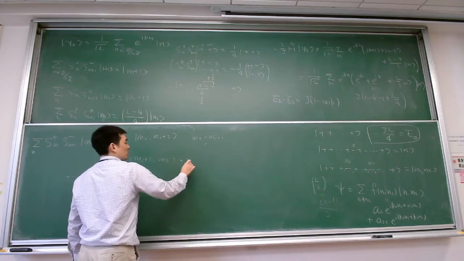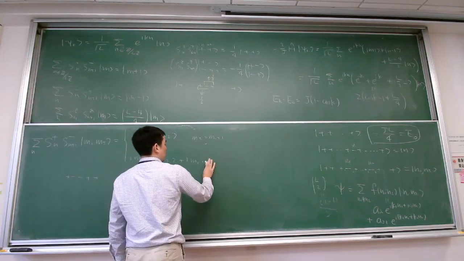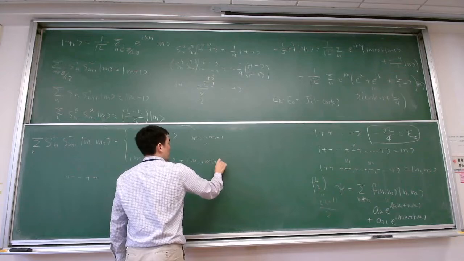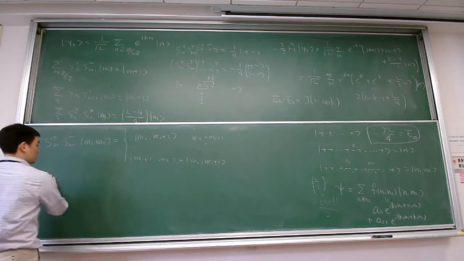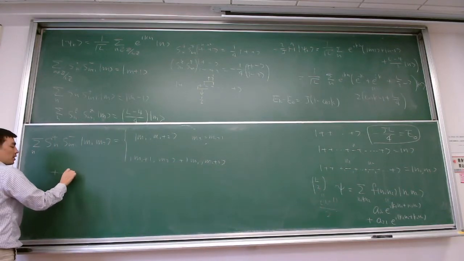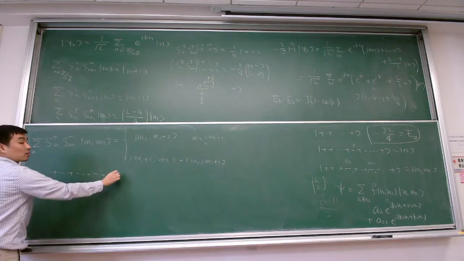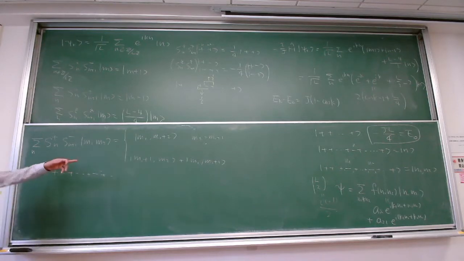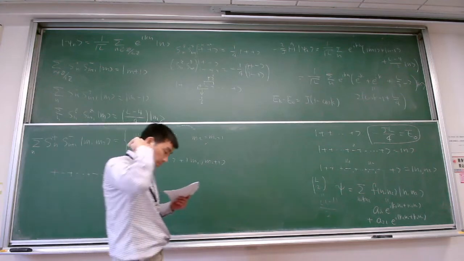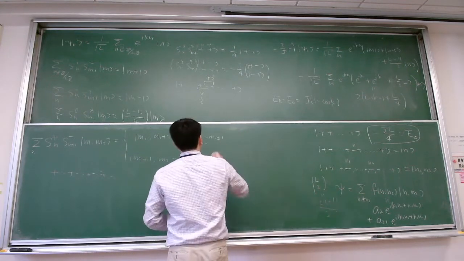Otherwise, you have just the usual thing, I'm not going to repeat it. You guys understand. So this case is otherwise plus minus plus dot dot dot. Oh sorry, I think it should be minus plus minus.